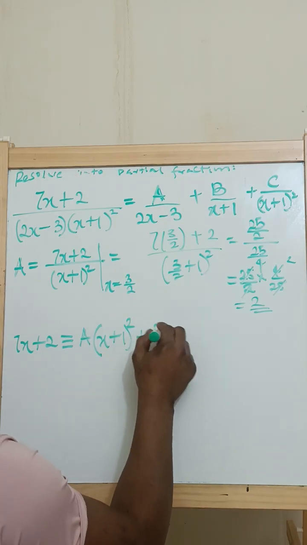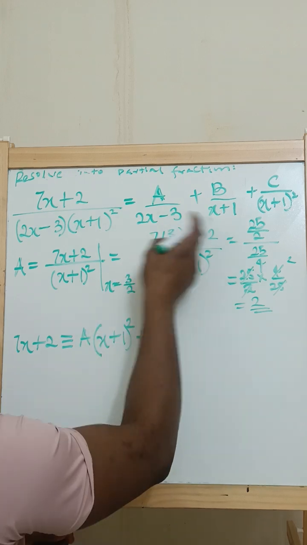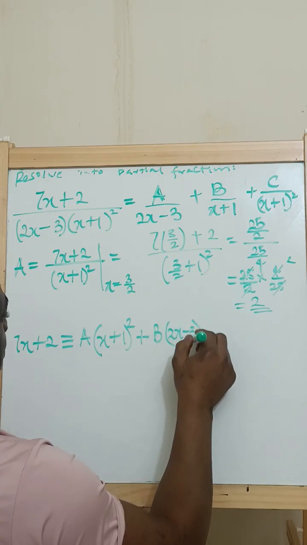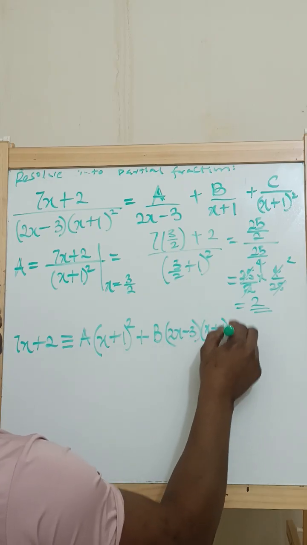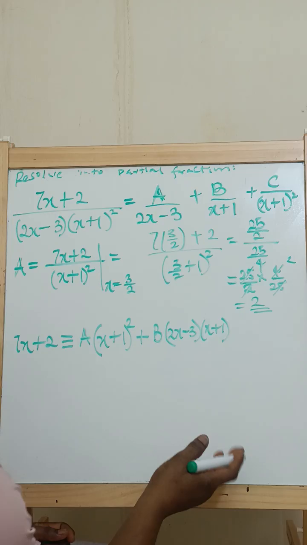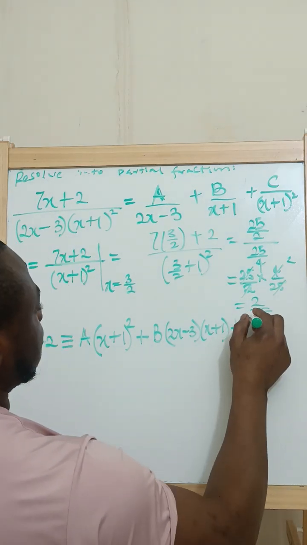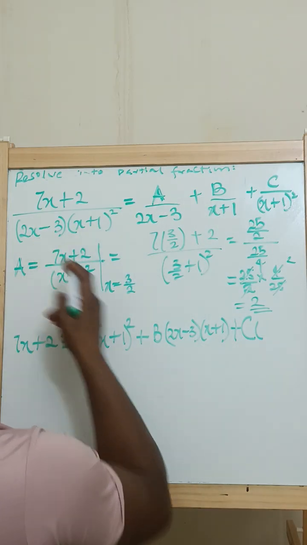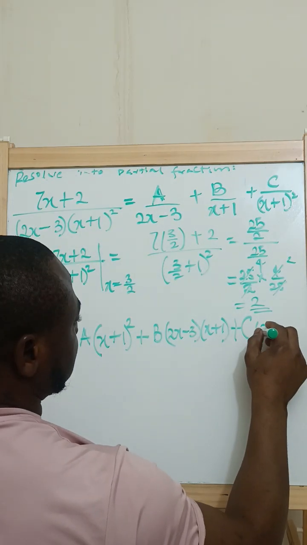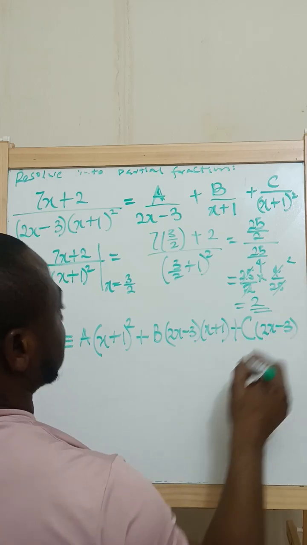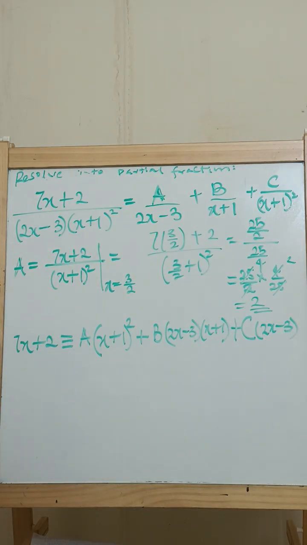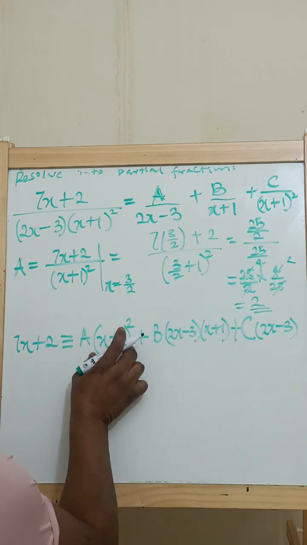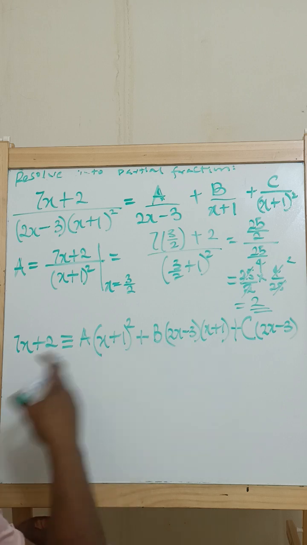Then B times 2x minus 3 and x plus 1, where one of the x plus 1 factors cuts. And for C, when this cuts this, only 2x minus 3 will be left.